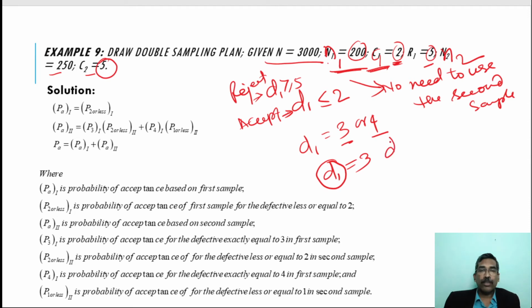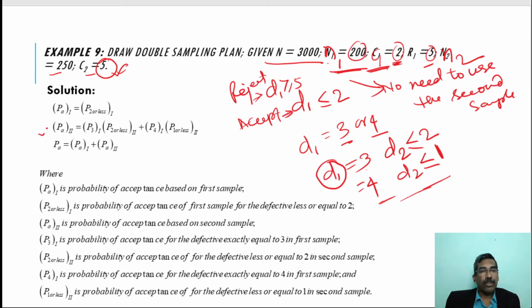So in the second sample, D2 should not be more than 2, that means D2 should be less than or equal to 2. Then the total defect will be 5 or less than 5. And suppose D1 is 4, the number of defective in the first sample is 4, then in the second sample the maximum defective can be less than or equal to 1. Then in that situation the maximum number of defective will be only 5, and the lot will be accepted.